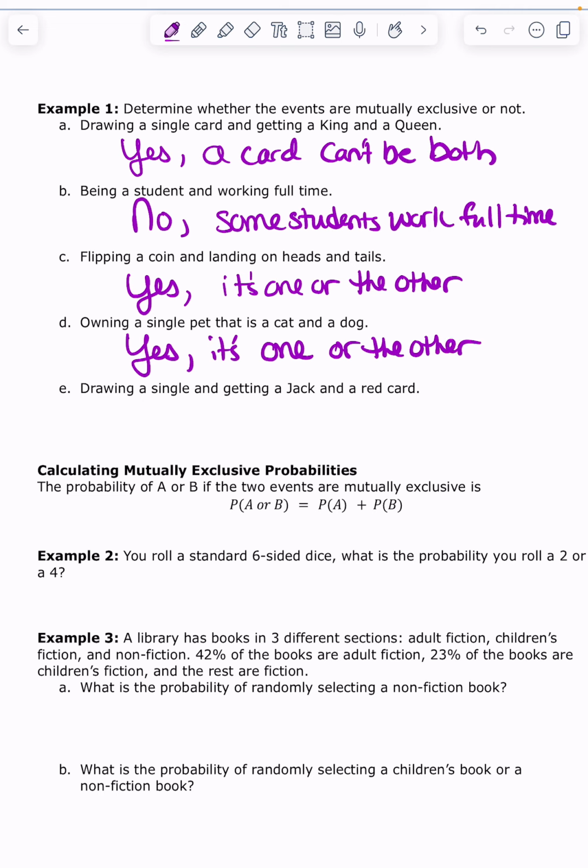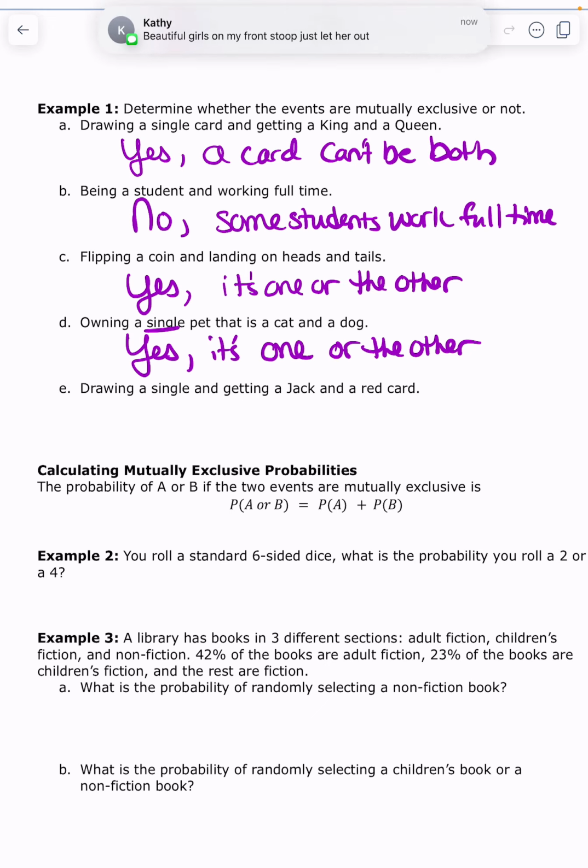If it were worded slightly different, like owning 2 pets and one of them is a dog, one of them is a cat, it's like being a student working full-time. You could have a cat and a dog, but if you have one pet, it's either one or the other. So that word single is the big determinant there.